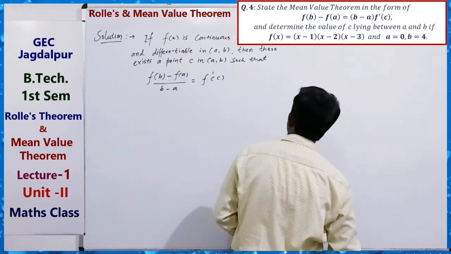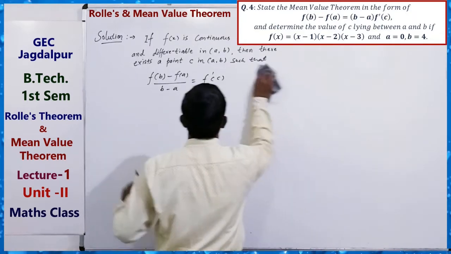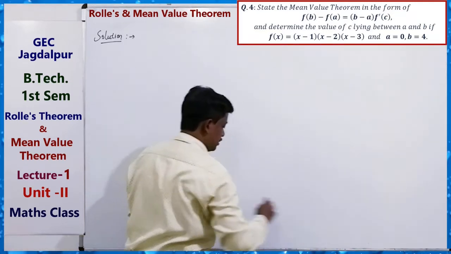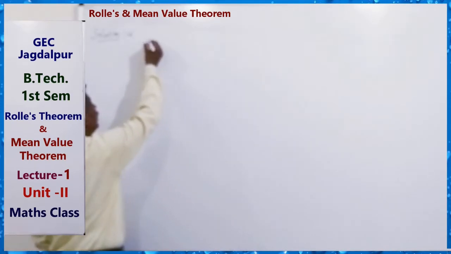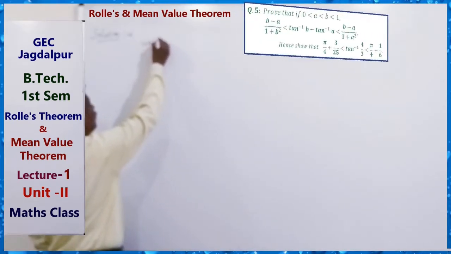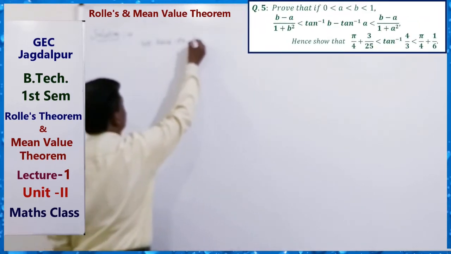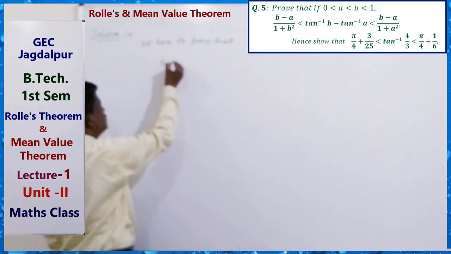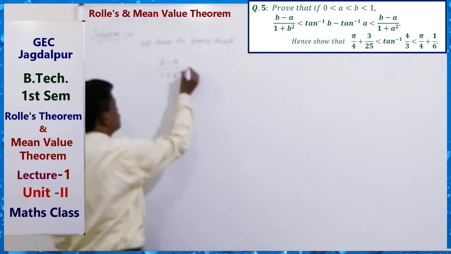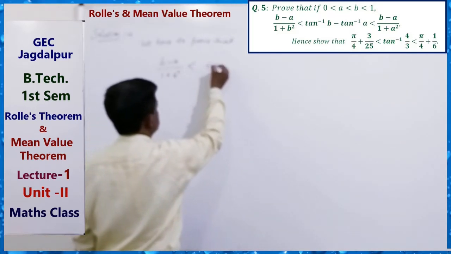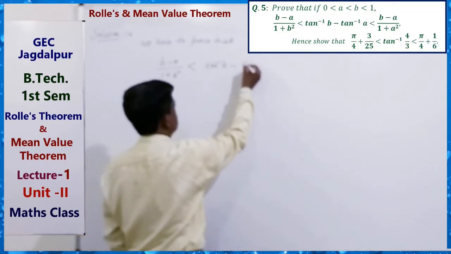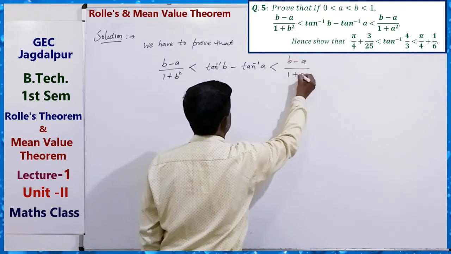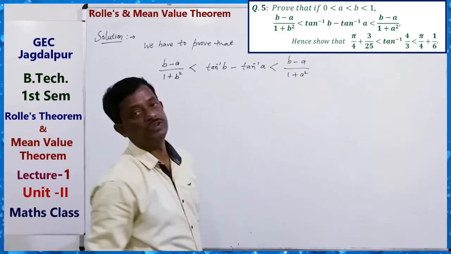In these questions, we have to prove that (b minus a) upon (1 plus b square) is less than tan inverse b minus tan inverse a, which is less than (b minus a) upon (1 plus a square).